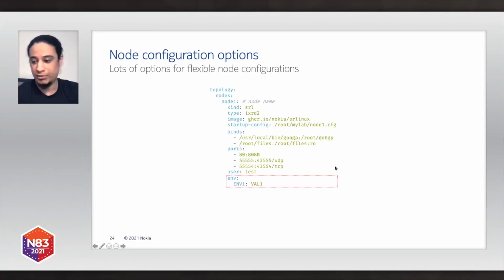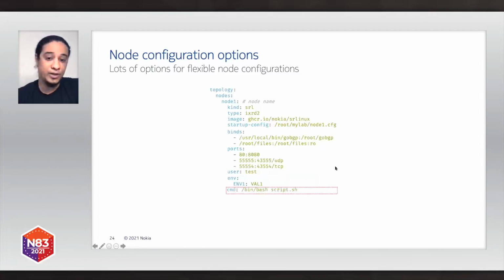This can be used, for example, to run multiple instances of the same application with the same configuration file, and you can customize the different instances using the environment variables. Command allows you to override the command that was set when the container was built, which allows you to further customize your images and running containers.